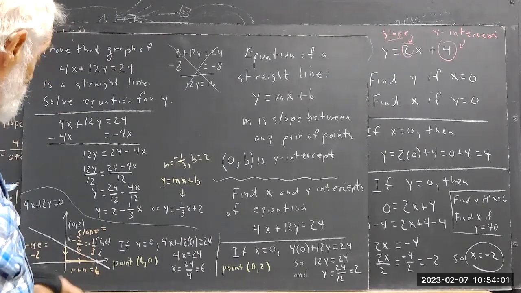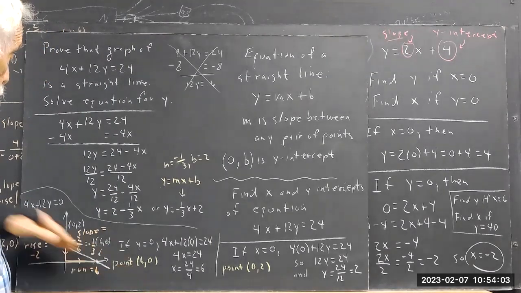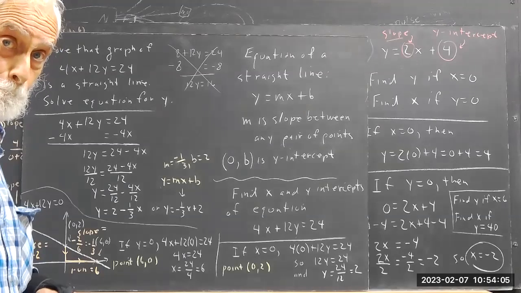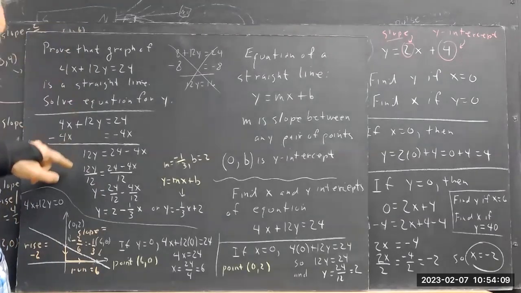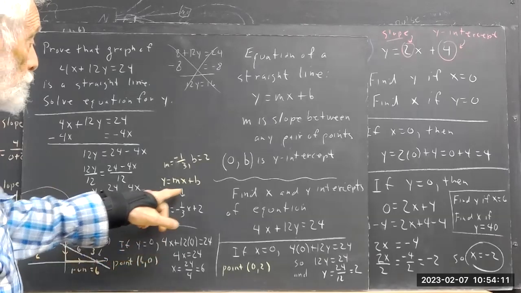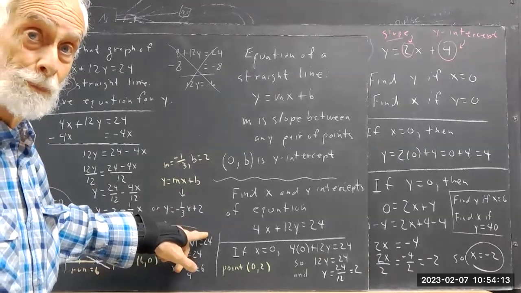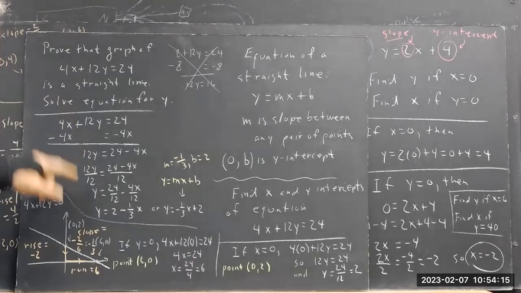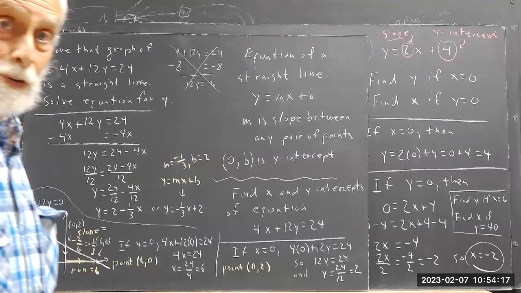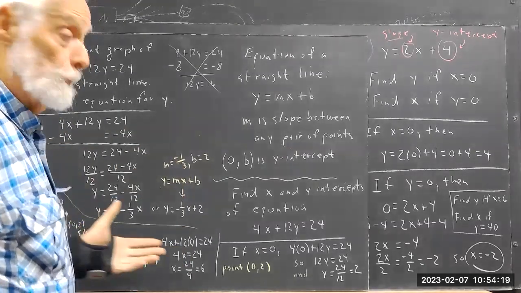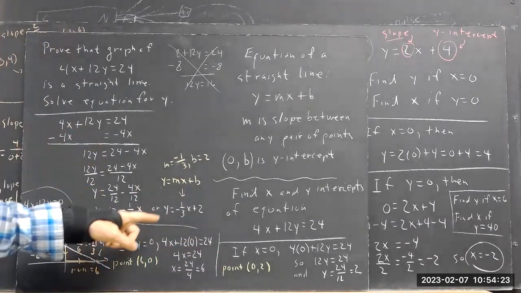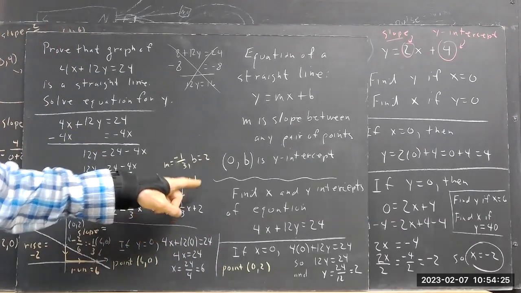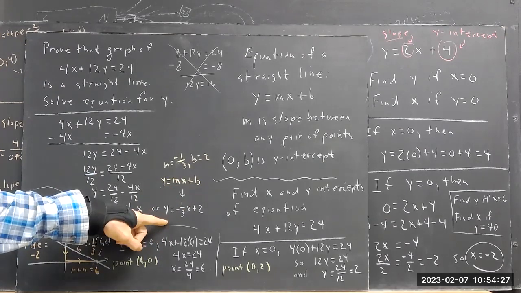Okay. And then I said, well, this thing's a straight line. But I asked you to then prove it by solving the equation for y and showing it's in the form y equals mx plus b. Well, that's apparently a bit of a challenging solution, but you can follow every step, and you can verify every step. So we've shown that this thing is in the form y equals mx plus b.